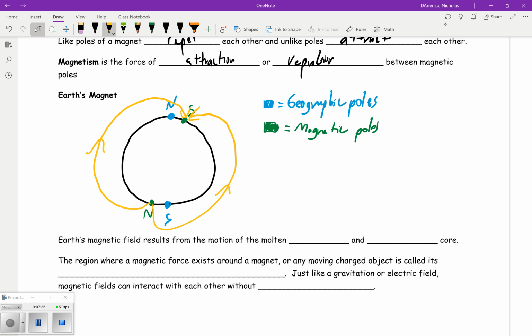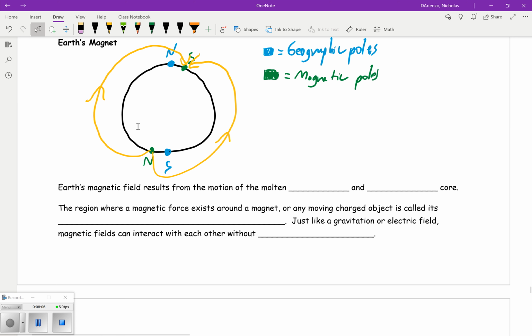So if we have a north-seeking compass, it's going to point towards the opposite pole, which would be the south magnetic pole, which is, not surprisingly, the north geographic pole. So as far as the magnetic pole, it's kind of the opposite of what would seem to be intuitive. So the magnetic poles are reversed from the geographic poles, and they are not in the exact same spot.